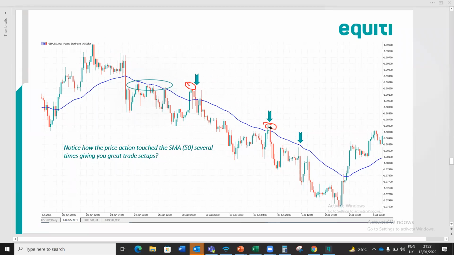So once you install your simple moving average, especially of period 50 or 100, depending on how you want to look at the market, then you can spot these points. Whenever the price action touches the moving average, the moving average acts as a resistance. It acted as a resistance here, and here.